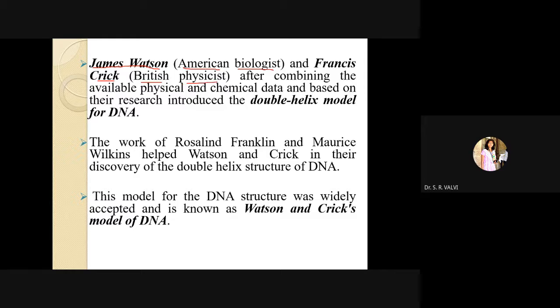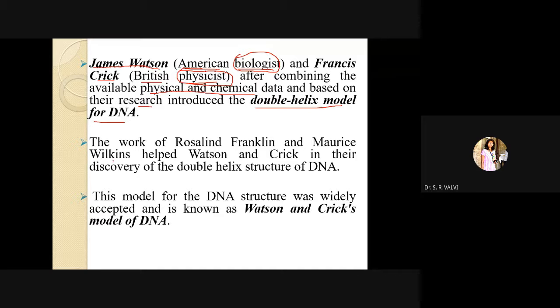Means one scientist from the biology field and another scientist from the physics field. Both of them made available the physical and chemical data based on their research, and then they introduced the double helix model of DNA, right? Who? Watson and Crick. Watson was an American biologist and Crick was a British physicist.